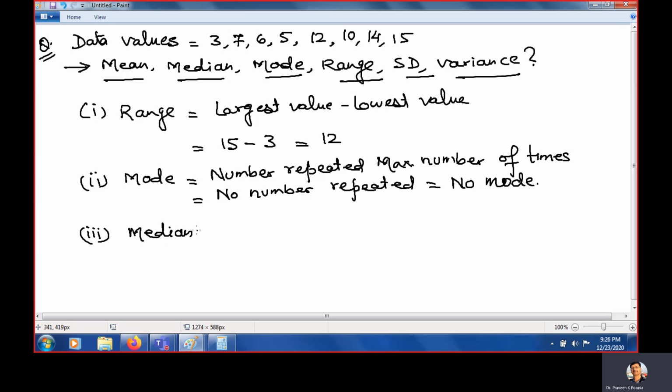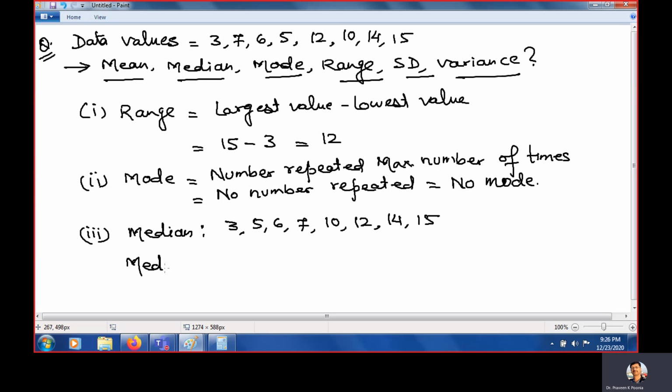Number 3 is the median. Clear? But for the median, you need to arrange the data in ascending order. So let us arrange it: 3, 5, 6, 7, 10, 12, 14 and 15. This is the ascending order.